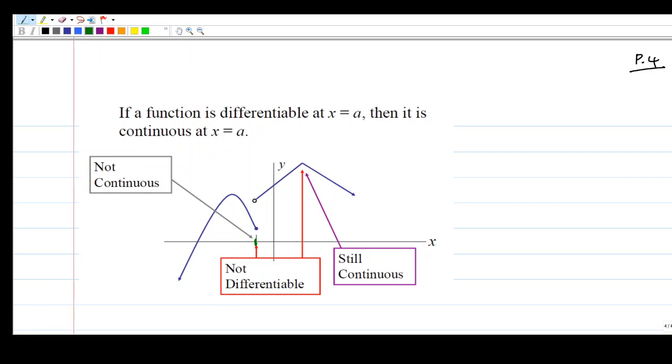So it follows that the function is not differentiable at that value of x.